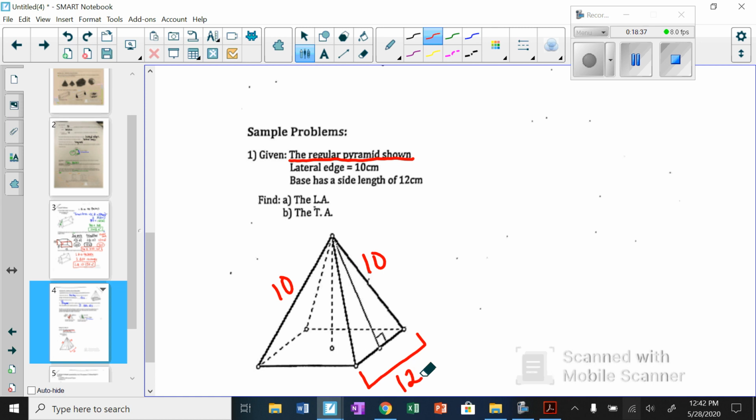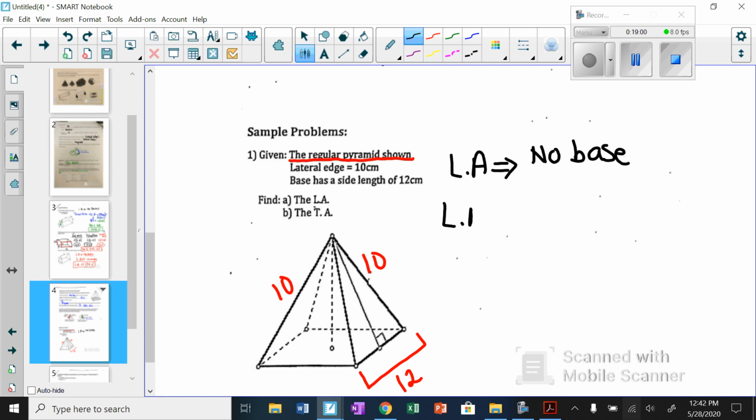We want to first find the lateral area and then the total area. Well, remember, lateral area means no base. So we are going to find the area of 4 triangles, sorry, not 3, 1, 2, 3, 4 triangles, but all of these triangles are congruent.